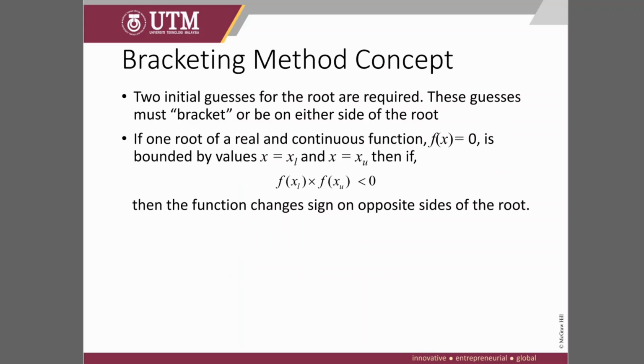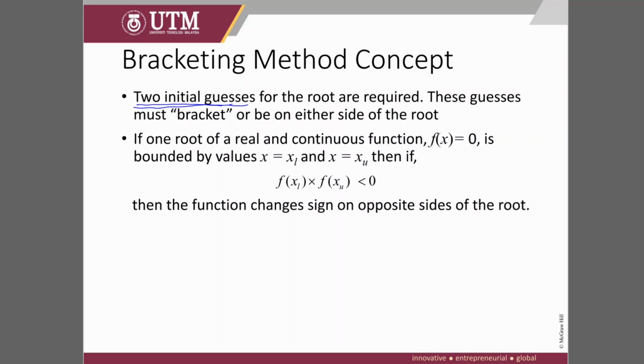So the bracketing methods concept is that we must have two initial guesses, which means two initial guesses for the root are required. These guesses must bracket, or be on either side of, the root.